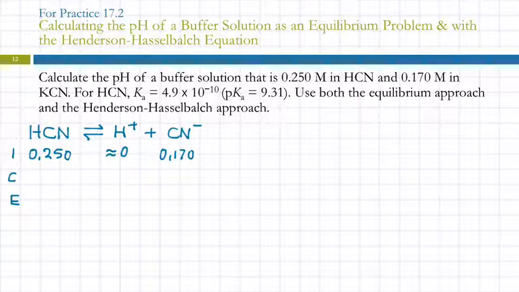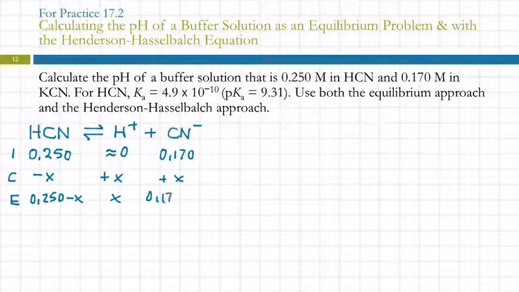Then we go with our changes. We're going to lose X of our reactant and gain X in our products. So we end up with 0.250 minus X and 0.170 plus X. We're given Ka, that is 4.9 times 10 to the minus 10.